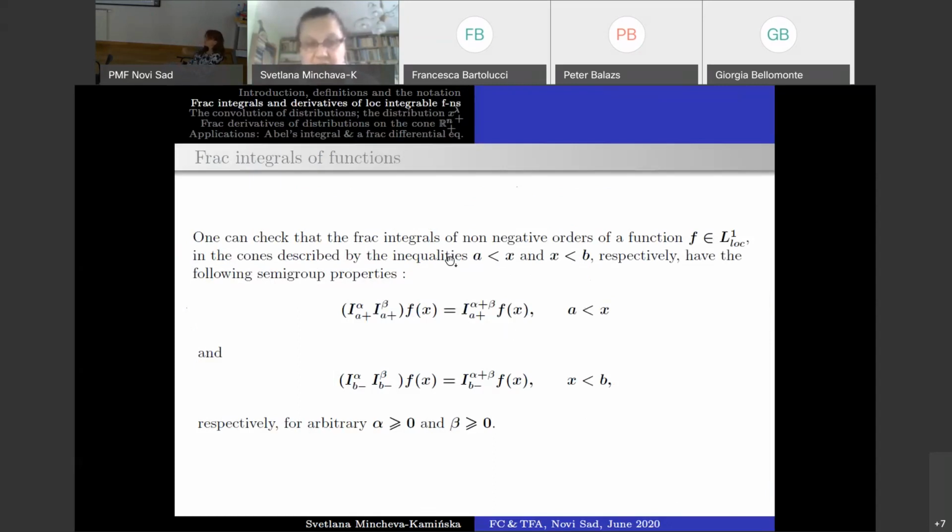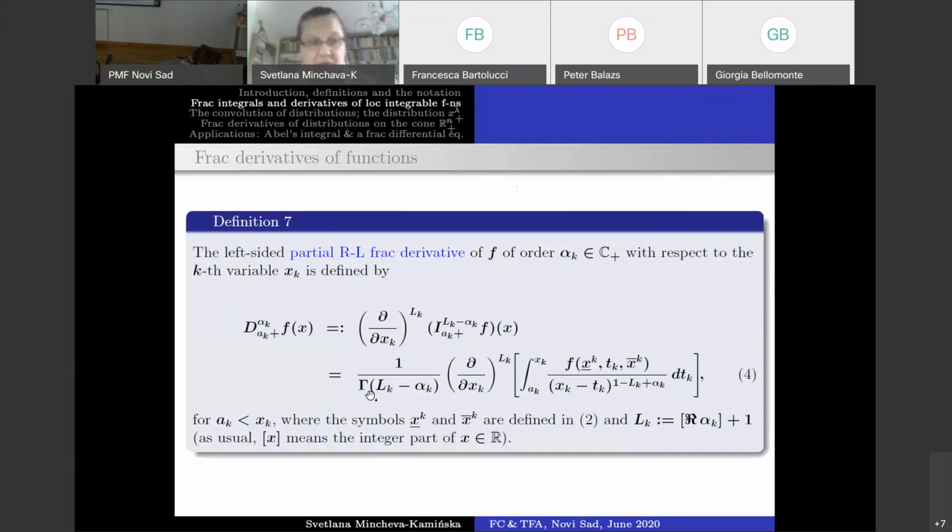Here is shown this semigroup property for the so-called right side integrals, and the second is the formula for the semigroup properties of the right-hand side fractional integrals for the case when the order of integration is non-negative.